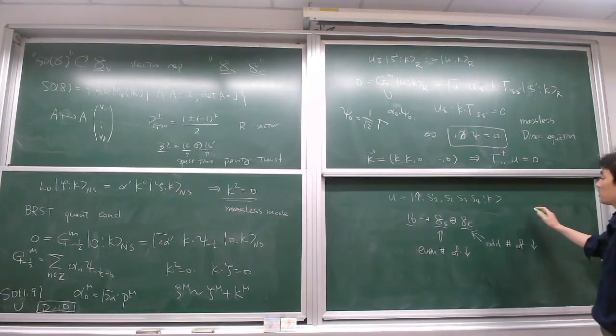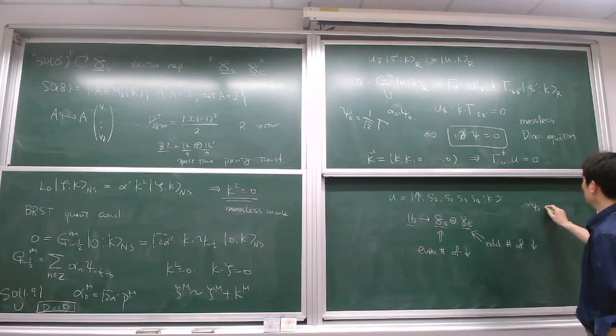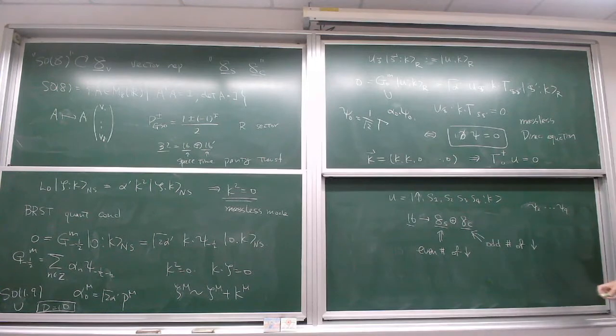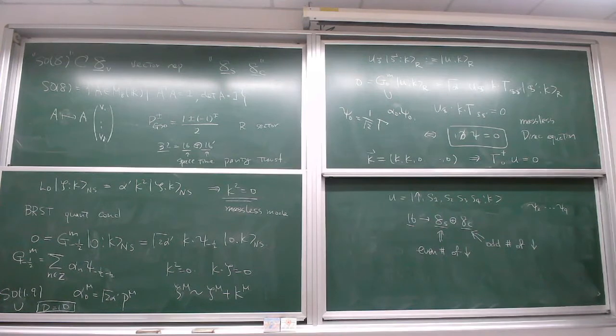Now the chirality operator is something like, you just avoid the 0-1 directions, so psi 2 dot psi. That's the chirality operator that decomposes into two irreducible representations. That's how we obtain the physical spectrum of the Ramond field.